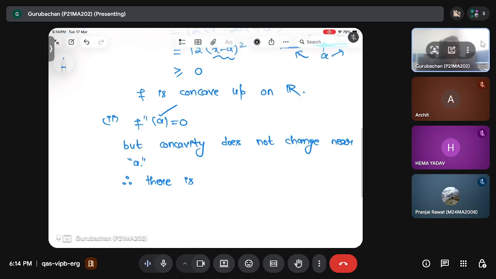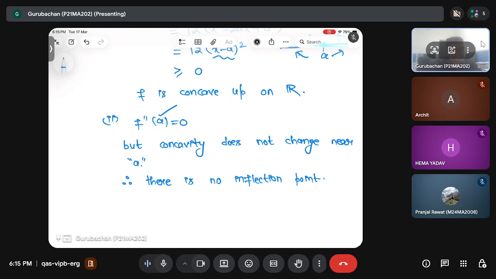Thus, this x equal to a does not correspond to an inflection point. Later I'll let you know why we are not considering it, even though it satisfies the double derivative equal to 0. Still, it is not an inflection point. So there is no inflection point.